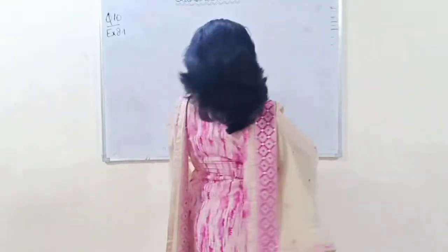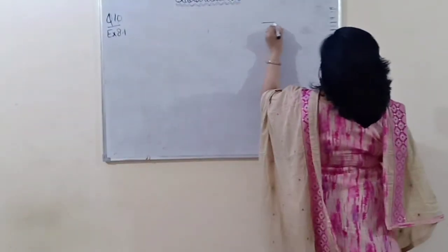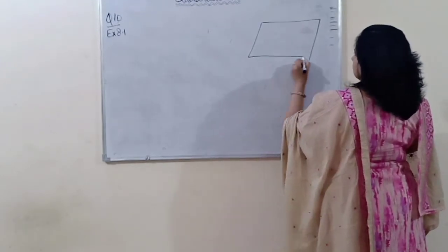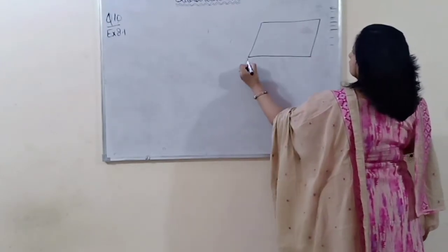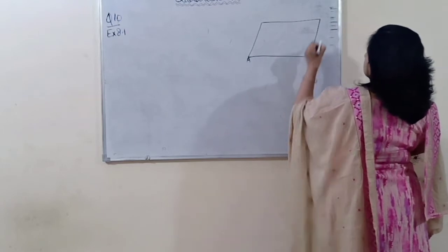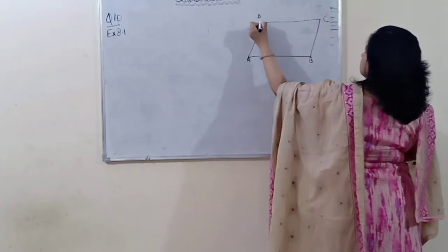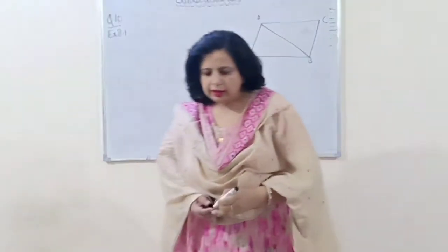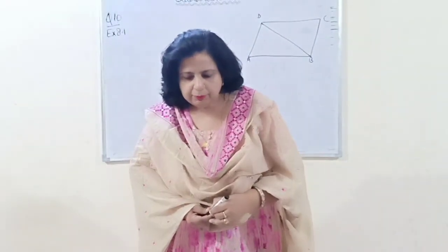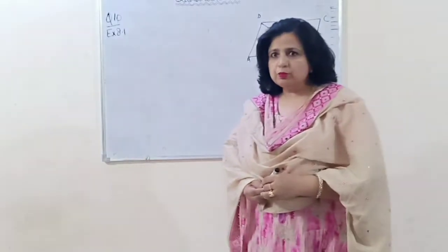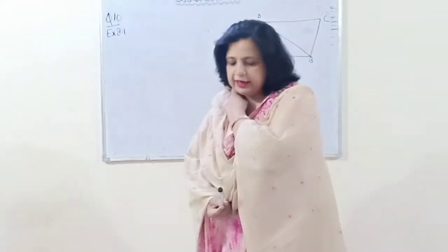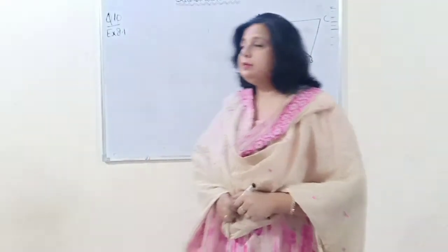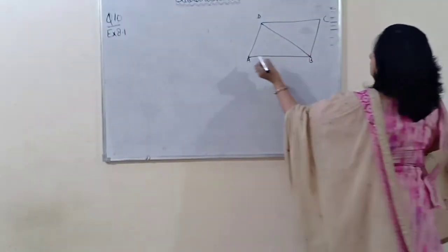ABCD is a parallelogram, diagonal BD is joined, and AP and CQ are the perpendiculars on the diagonal BD.